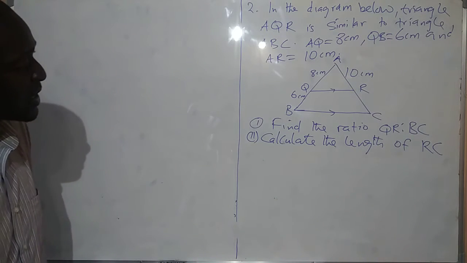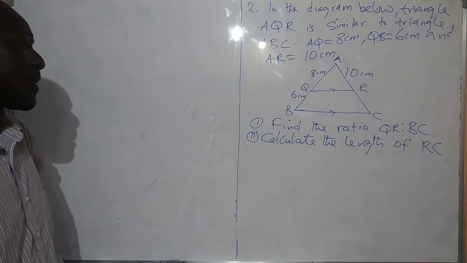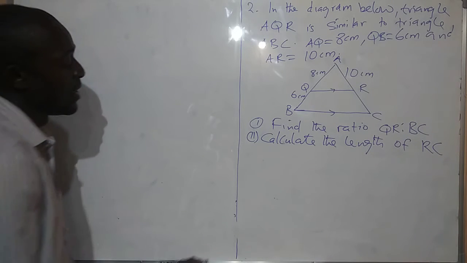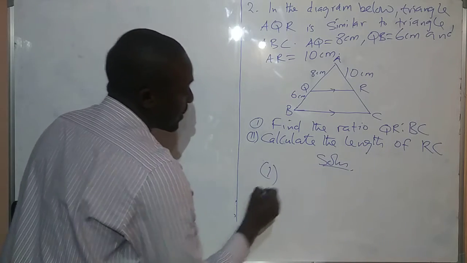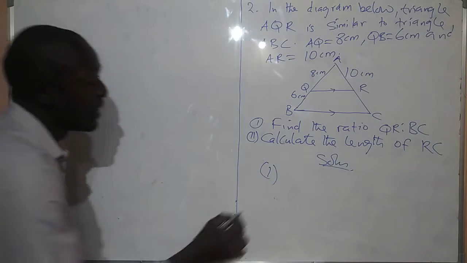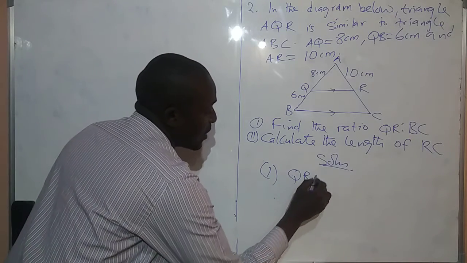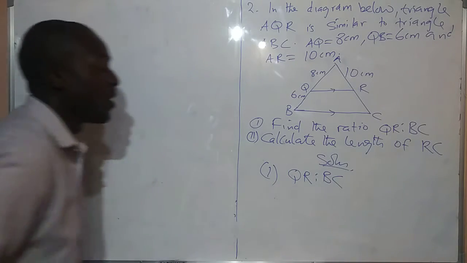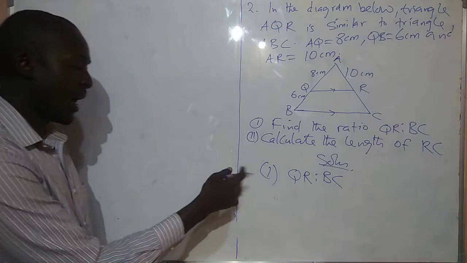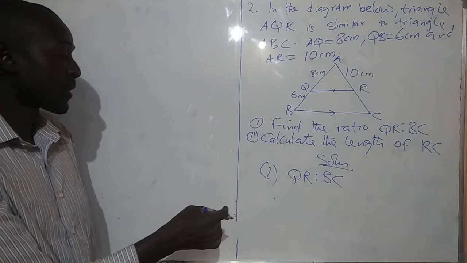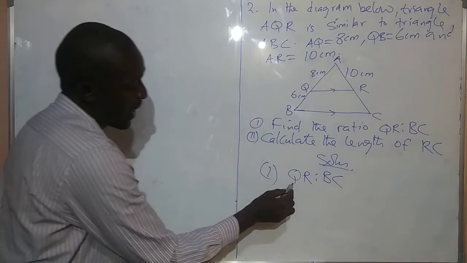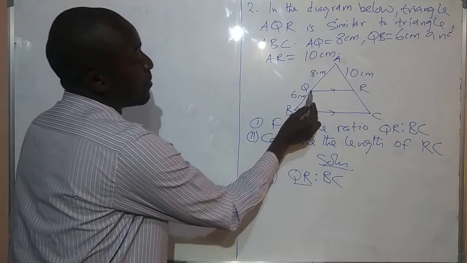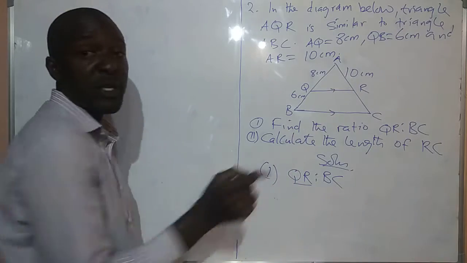The question says, find the ratio QR to BC. So we have to check these sides we are given: from which of the triangles are they coming? QR is coming from the small triangle.